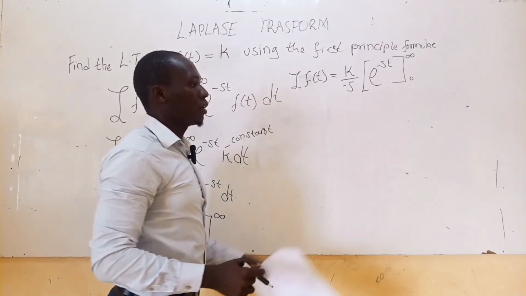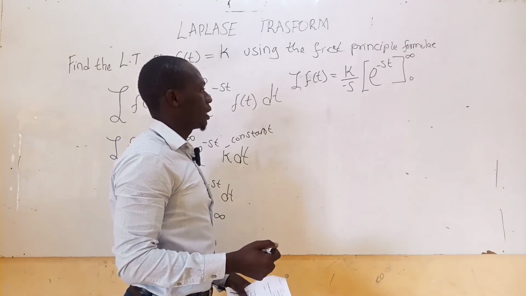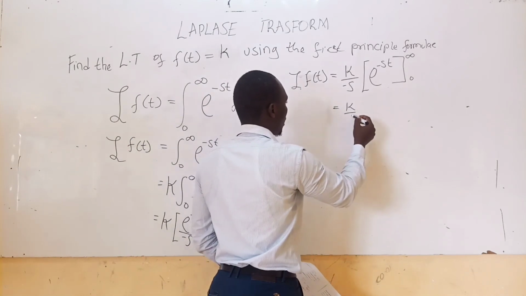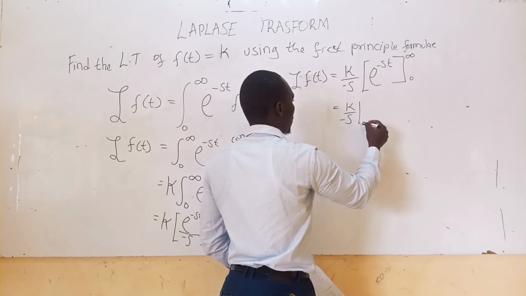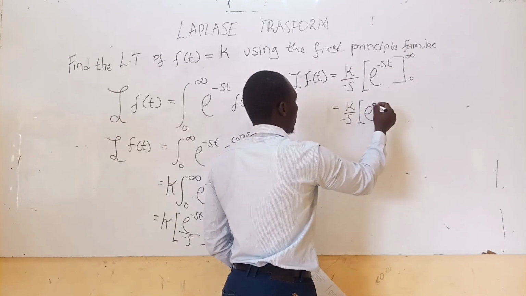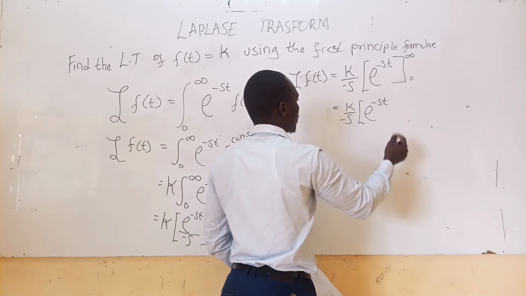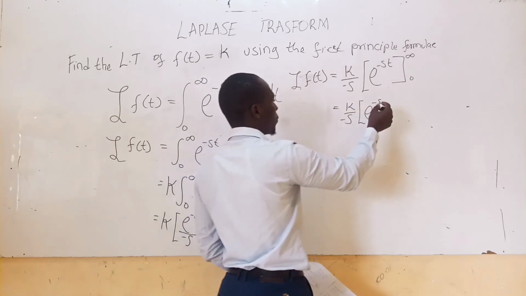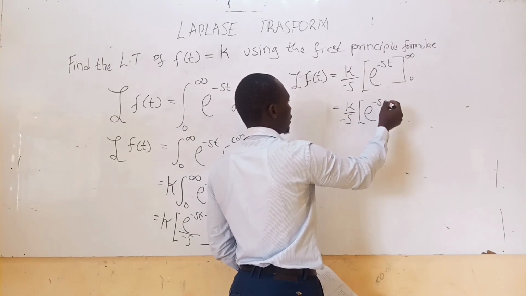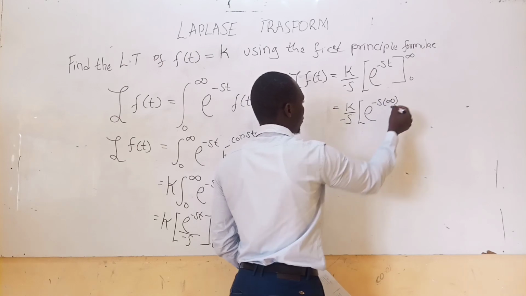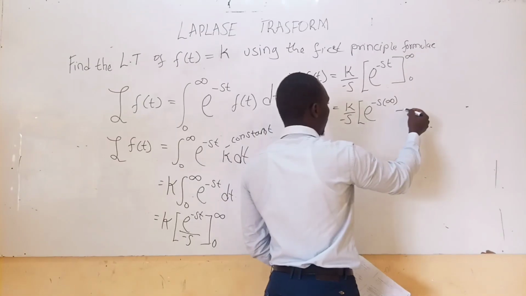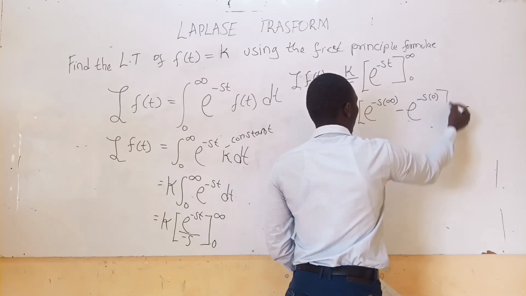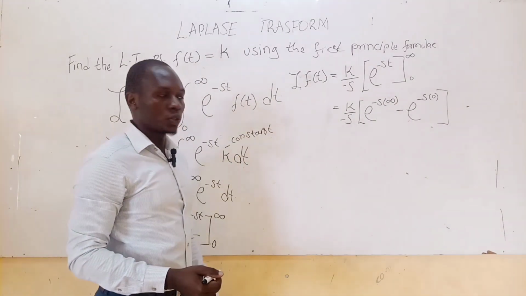Now from here, we are going to insert our limits, starting with the upper limit, and we are going to have k over negative s multiplied by exponential negative st, since we are inserting our limit where we have our t, and we subtract the exponential negative s with respect to the lower limit.